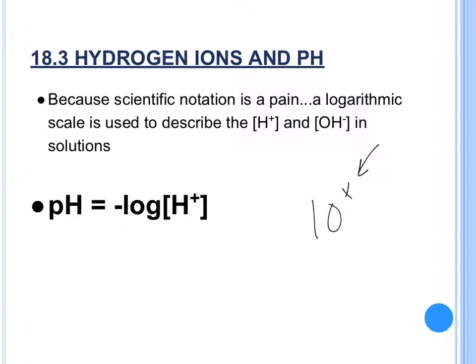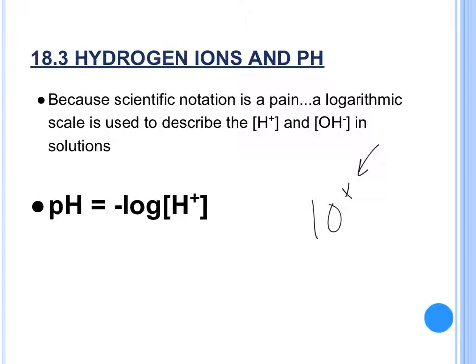We're basically calculating the exponent to which the number 10 would be raised in order to find a specific number that we want. And we can find any positive number using this.